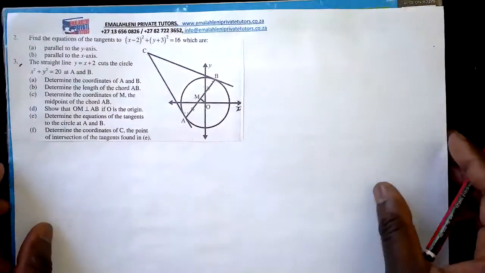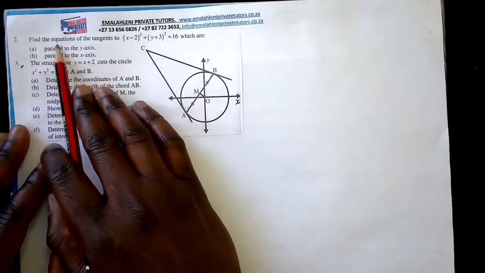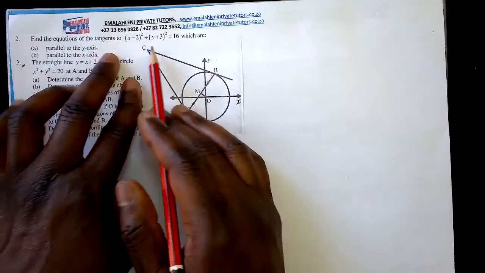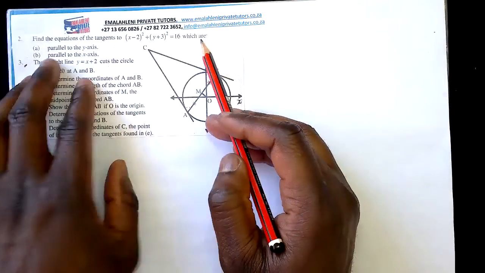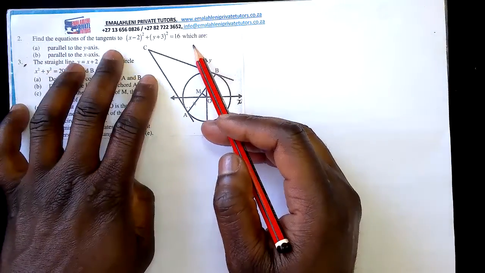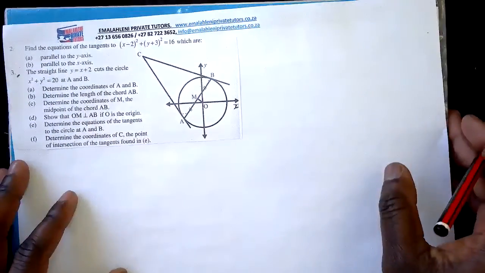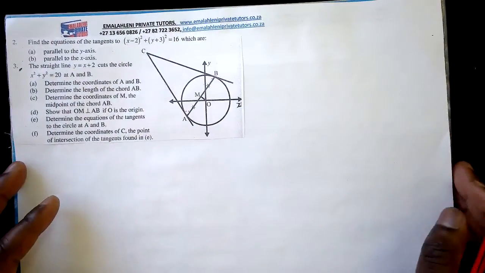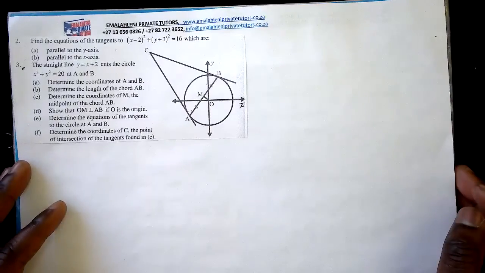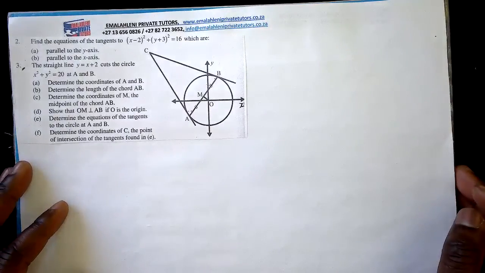Then let's move on and see. Now we are asked to find the equations of the tangents which are parallel to the y-axis and parallel to the x-axis. How do we get that?